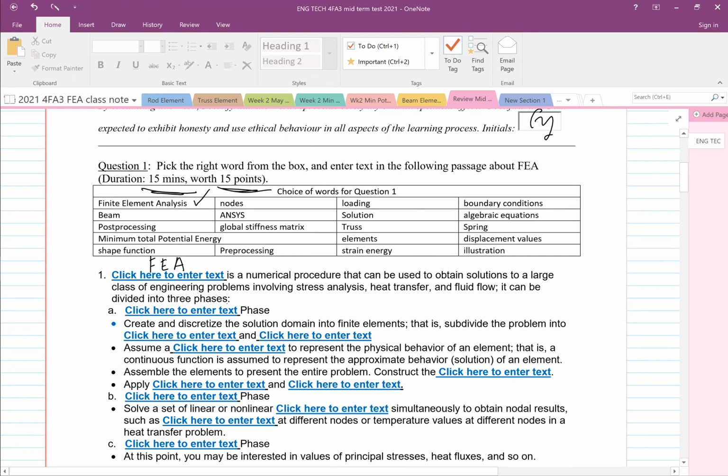To start, all FEA starts with planning. The planning phase for FEA is pre-processing. During pre-processing, you subdivide the problem into elements and nodes, and then you have to assume a shape function.